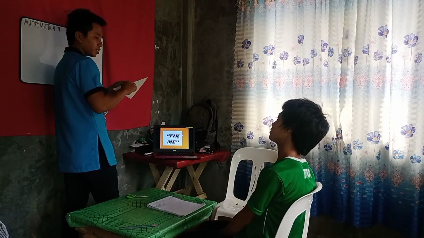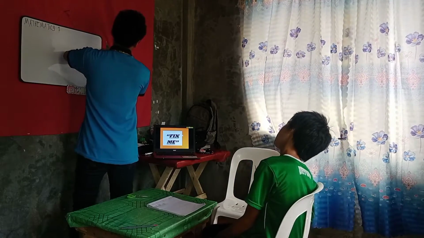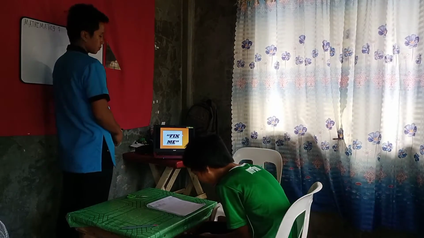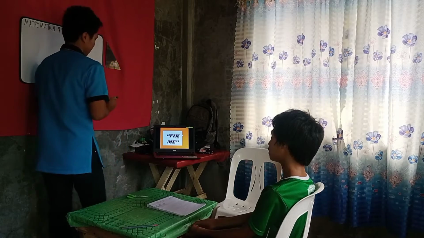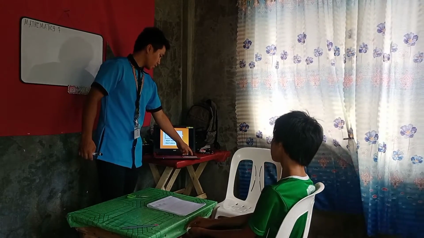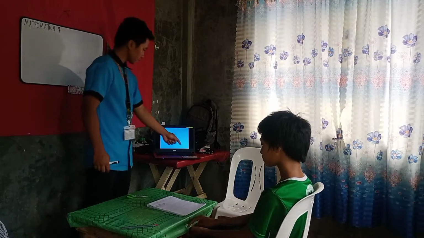So, sa classification of a triangle, ano yung triangle na ito? What triangle have we formed? It is a right triangle. So, our topic for today is all about the right triangle.